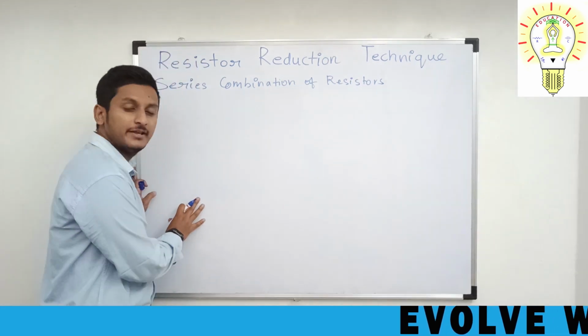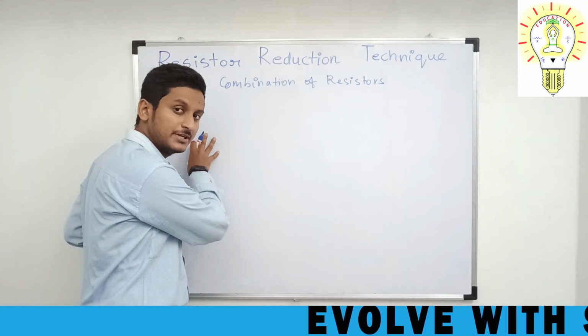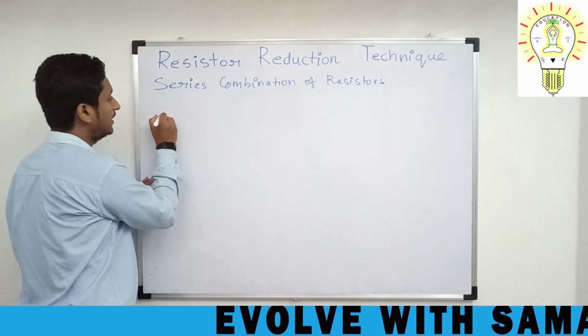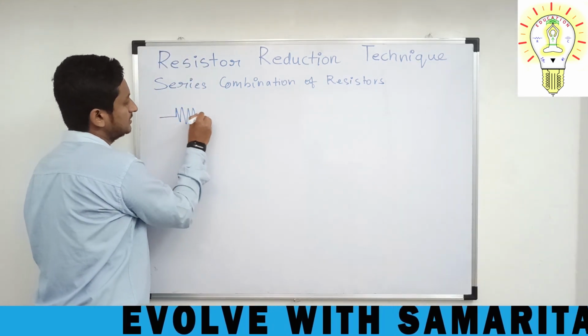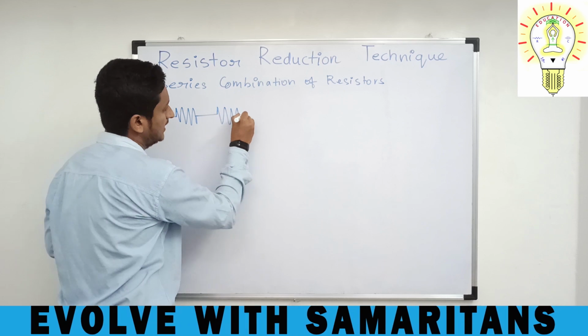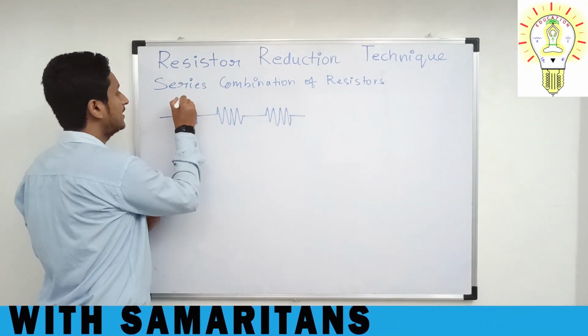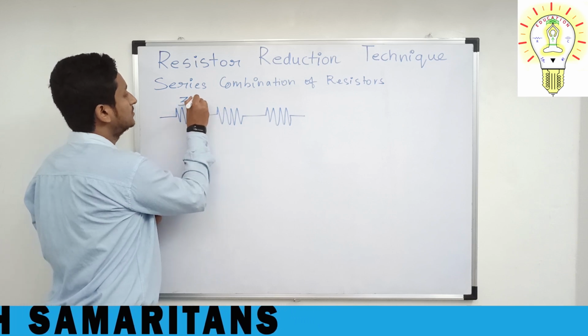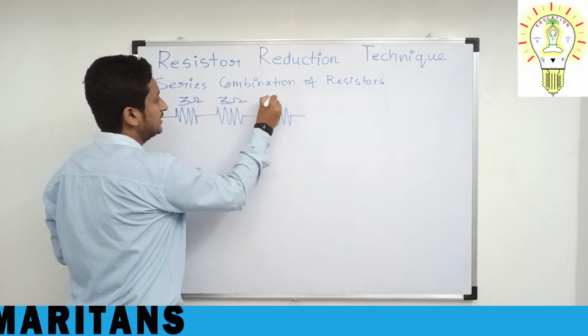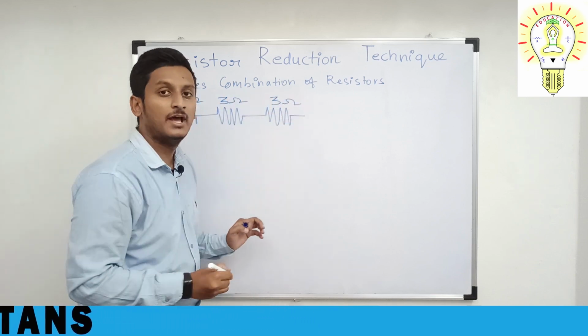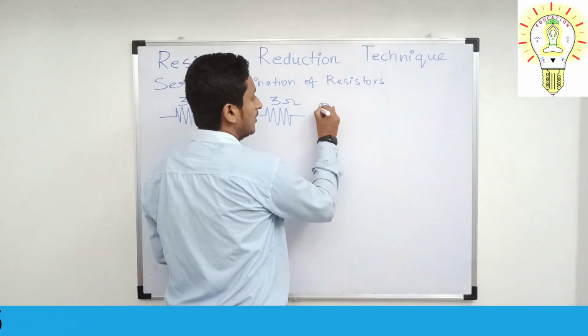As I have taken it here, I am going to take the same 3 resistors concept. Now if I take resistors like this, 1, 2 and 3, which are connected in series, and I am taking 3 ohms, 3 ohms, 3 ohms, right? Again, you tell me how can you do this?